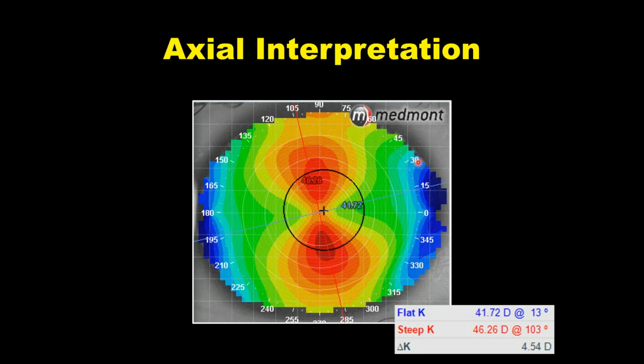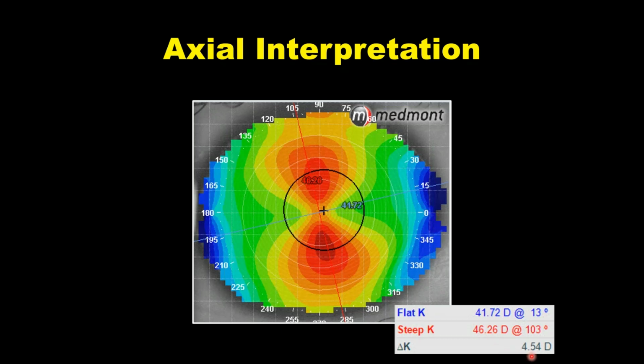Well, let's talk about a case. And here is a very regular corneal astigmatism. You see the flat meridian 90 degrees perpendicular from the steep meridian. We see an eye that is a mirror top and bottom, nasal and temporal, a very symmetric eye.